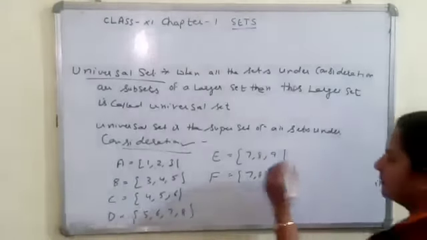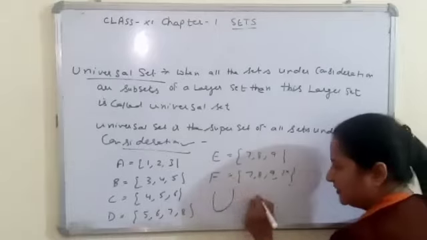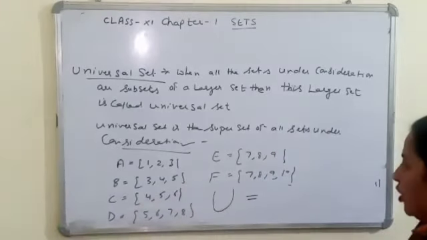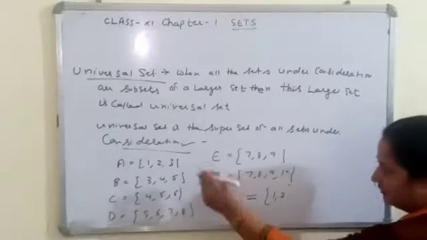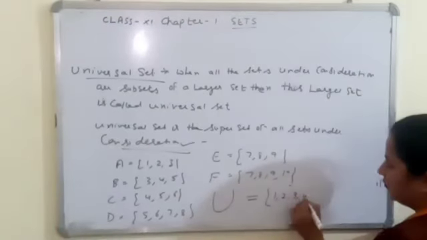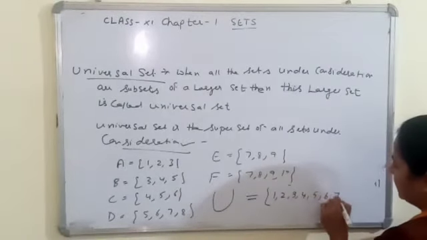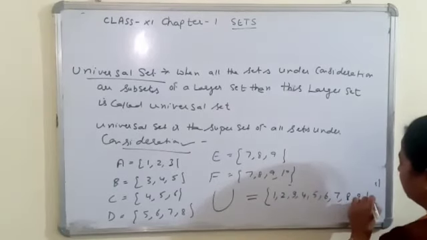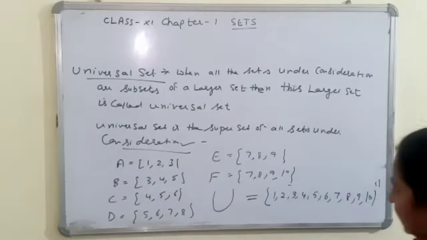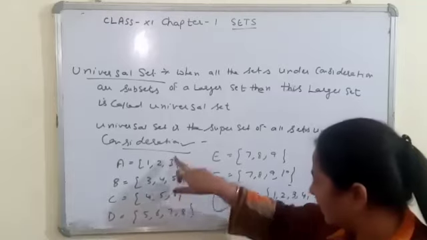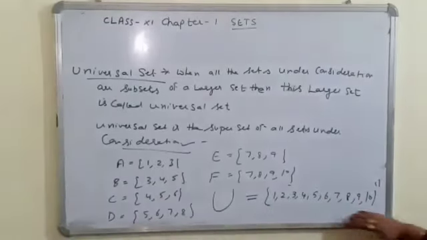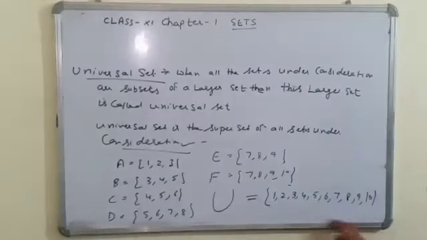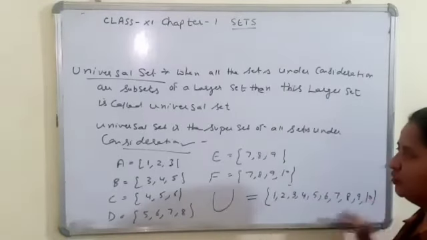Here we can write U. Universal set is always indicated by U. We can write the universal set as having the elements 1, 2, 3, 4, 5, 6, 7, 8, 9, 10. You have no need to write the repeating digits, because 5 and 6 are repeating in every set. You have to write the elements only one time.